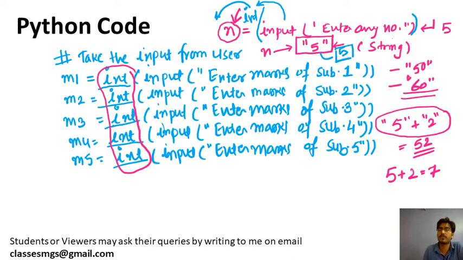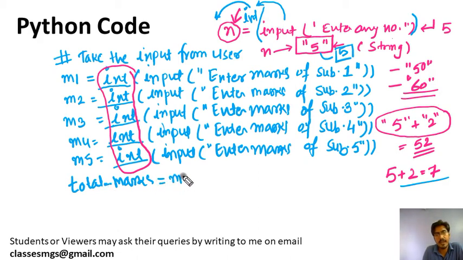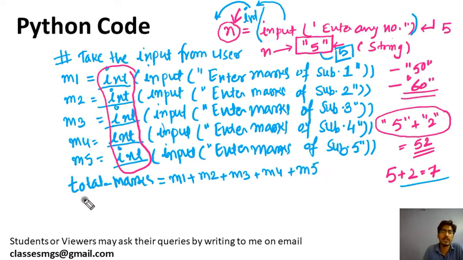Now you can perform 5 plus 2 equals 7. Okay, so now we will calculate the total marks. total_marks equals m1 plus m2 plus m3 plus m4 plus m5.